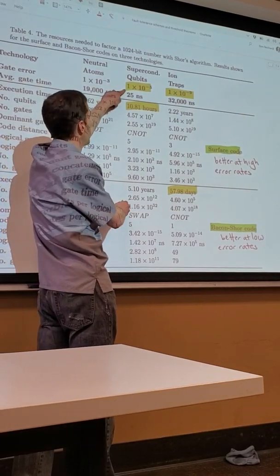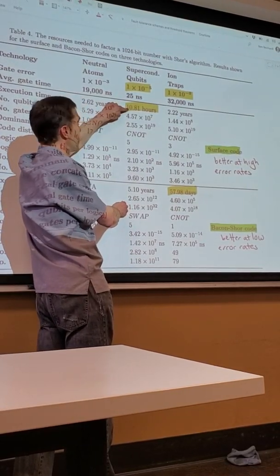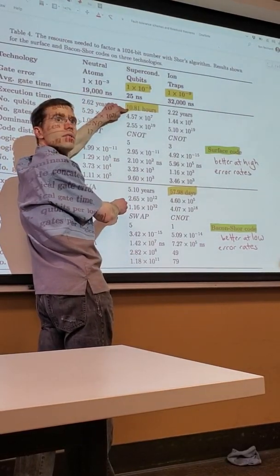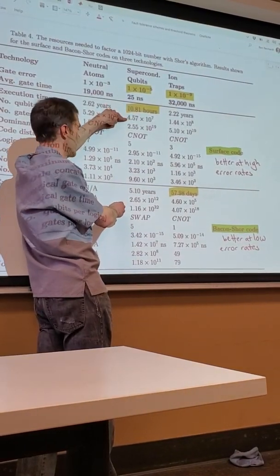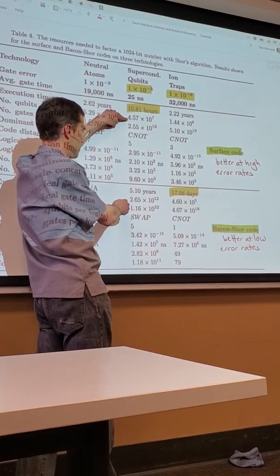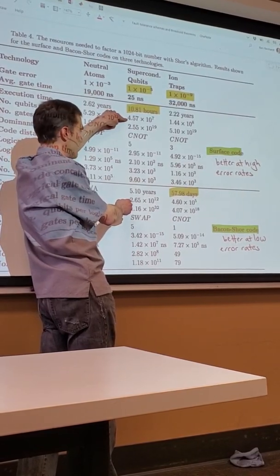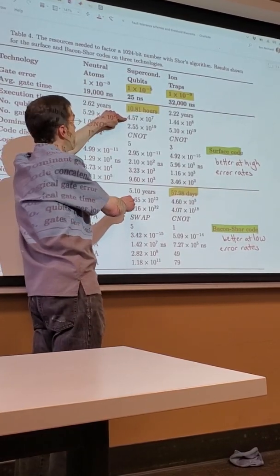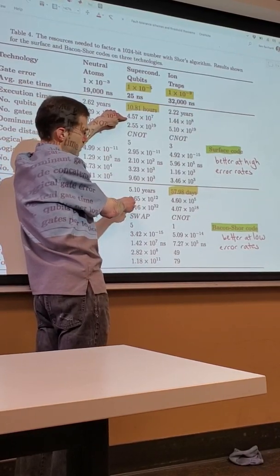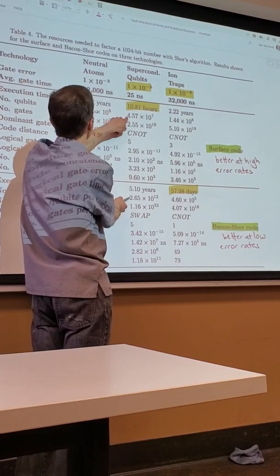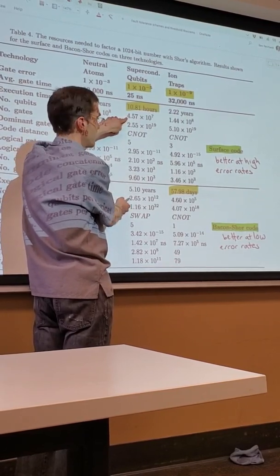Oh no, the error rate's the same. These are both the same error rate. It's just that the code is different. So we're changing the scheme. I think the reason this number is so large must be that they had to take a distance 5 Bacon-Shor code, did it say?